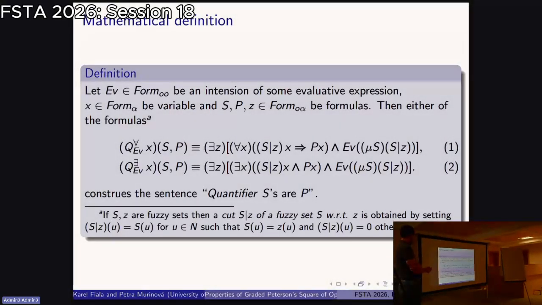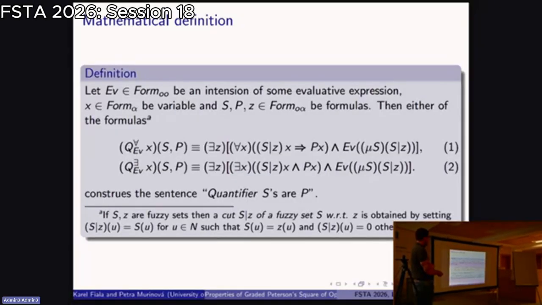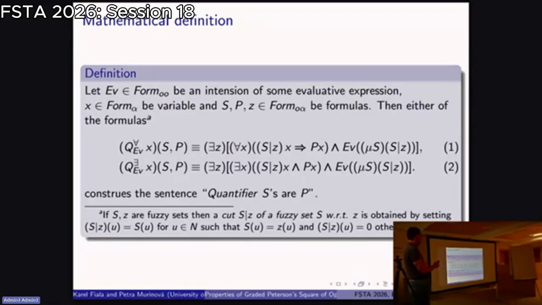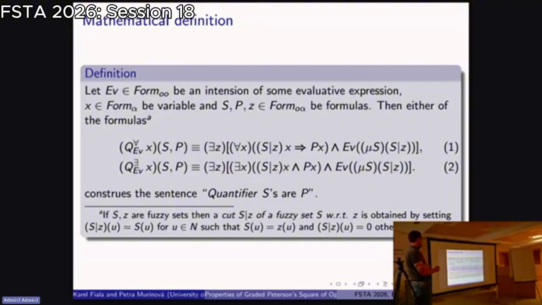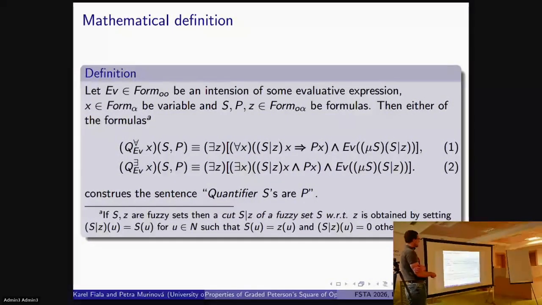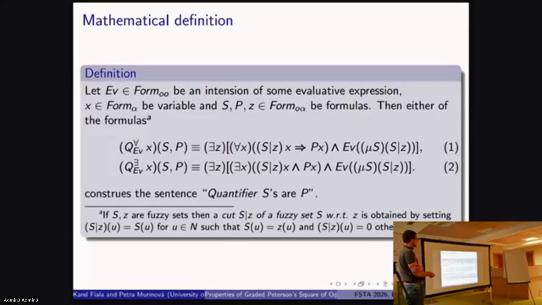Let's go to some definitions. We take some subset from the set S, and we take elements in which the degree of membership is zero, which means we don't take them. So in part we measure the formula, and we evaluate it by some evaluative expression.